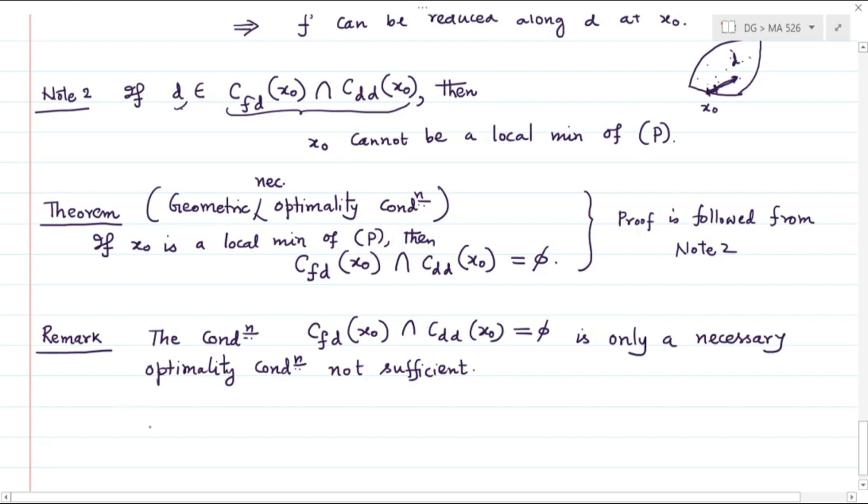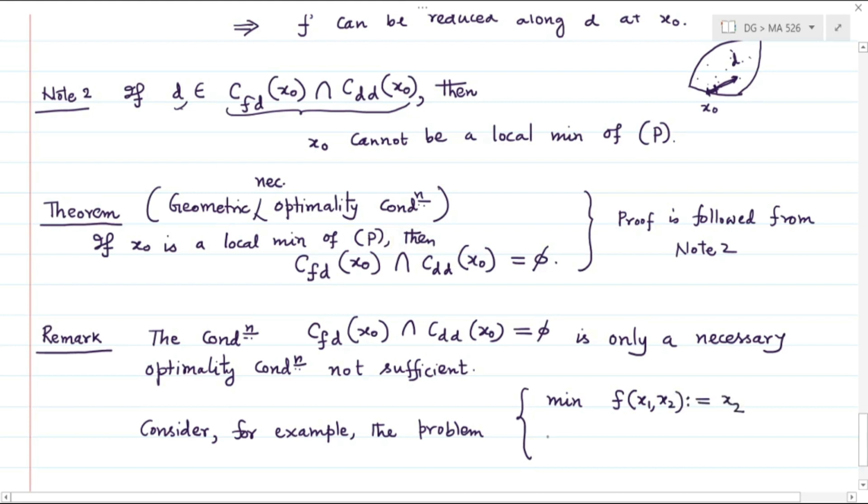For this, consider the example. Minimization of the function f of x1, x2, subject to x1 square plus x2 square minus 1 is equal to 0.